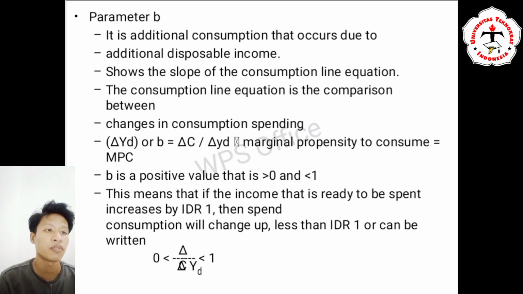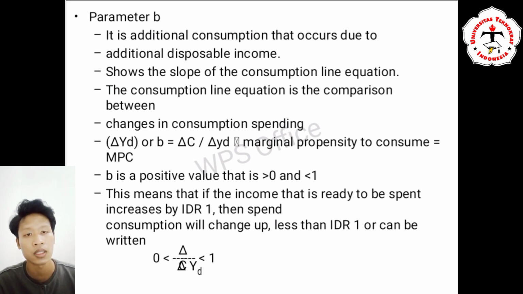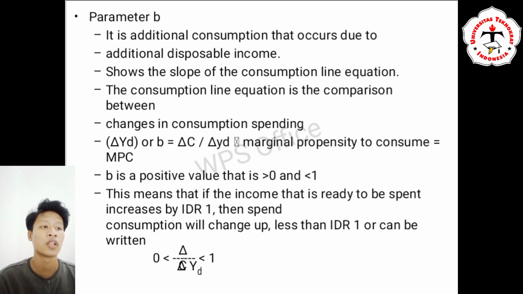B is a positive value that is more than 0 and less than 1. This means that if the income that is ready to be spent increases by 1 rupiah, then consumption spending will change by less than 1 rupiah.